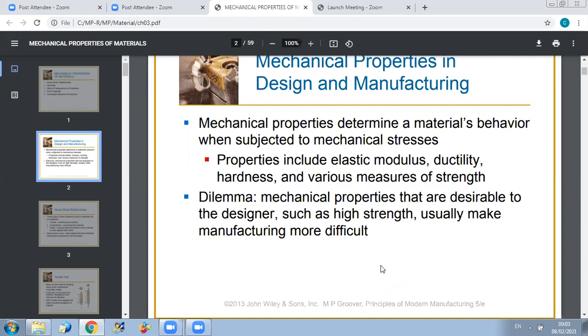High strength has a disadvantage in the manufacturing process, but for your final product, it's important to have high strength. So it will depend on the application, to make a compromise between the mechanical properties needed by the designer and the mechanical properties required to do the manufacturing process.